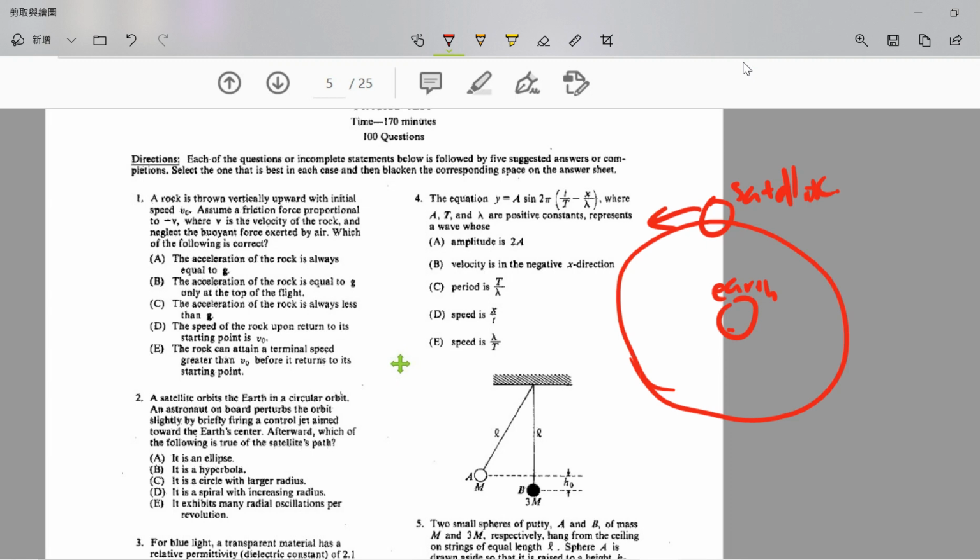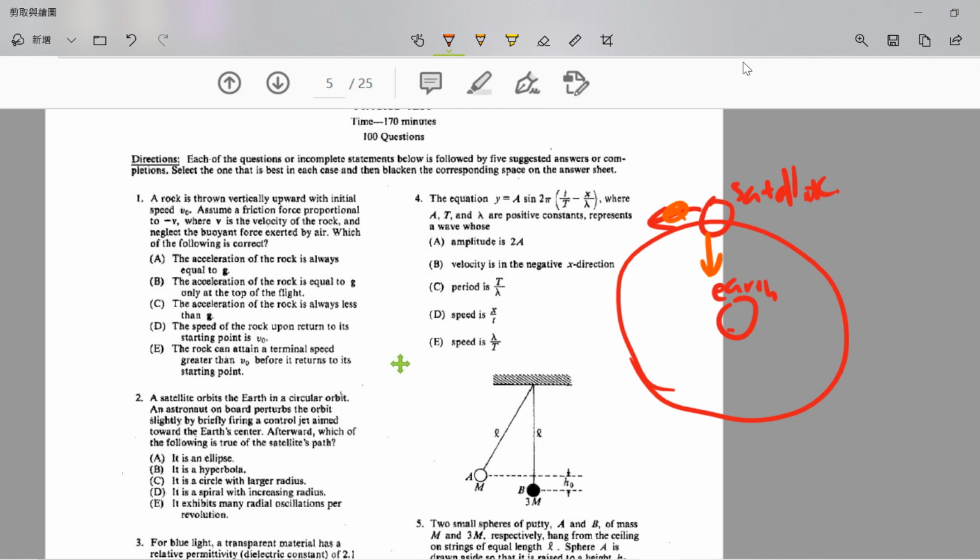Because it fires a control jet aimed toward the Earth's center, then your speed starts to decrease.